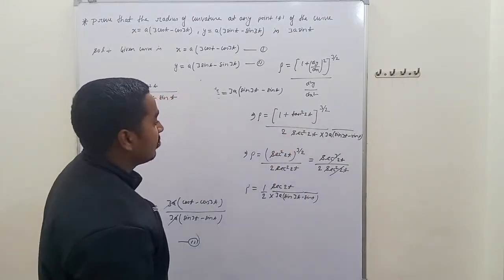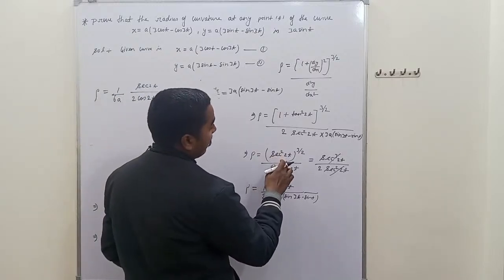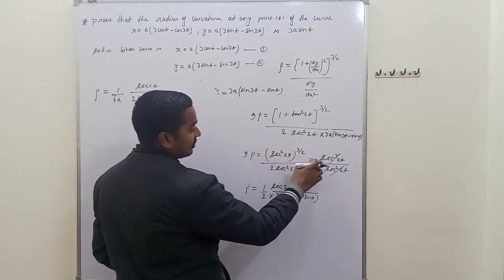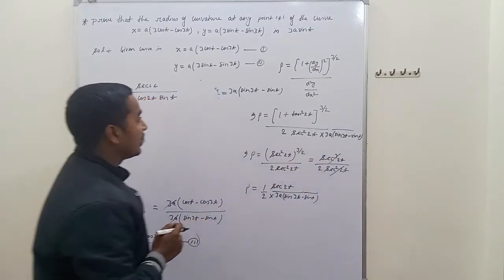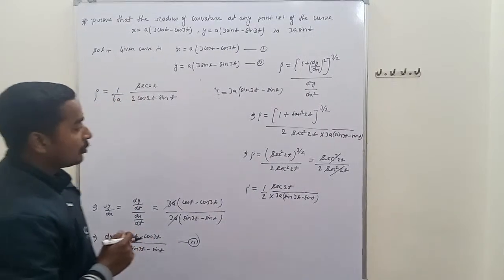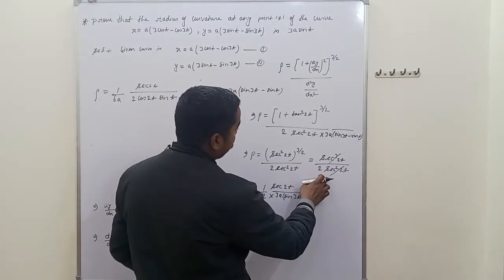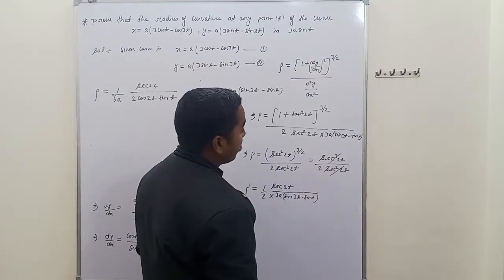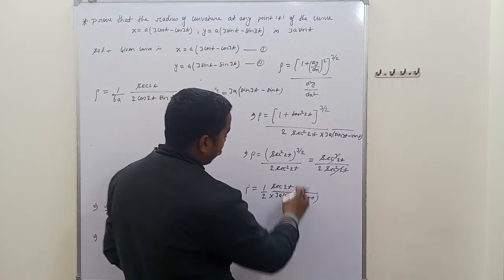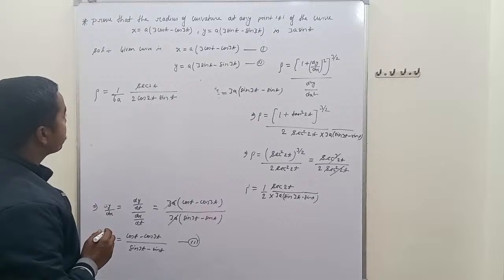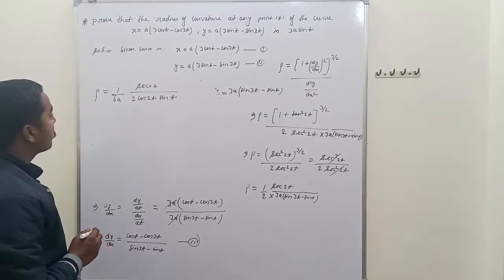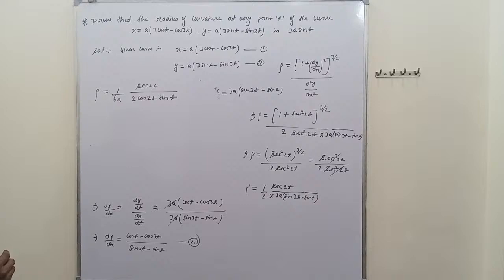Tan square 2t is given by sec square 2t, and sec square 2t to the power 3 by 2 is sec cube 2t, and in the denominator d2y upon dx2 by 2t into 3a sin (3t minus t), this is given 1 by 6a. Once again, we use the formula, right or wrong, once again we have to check.